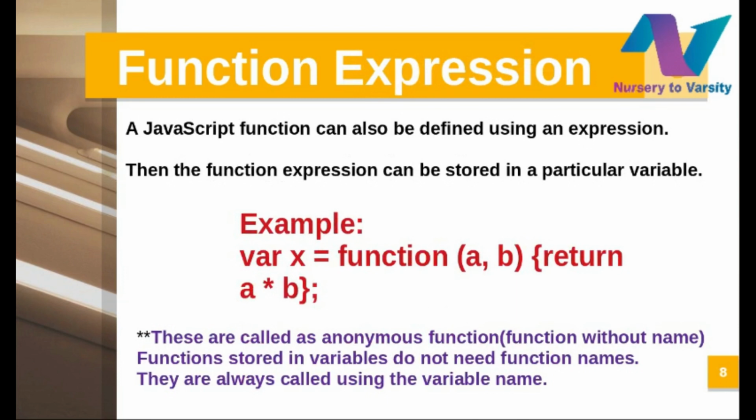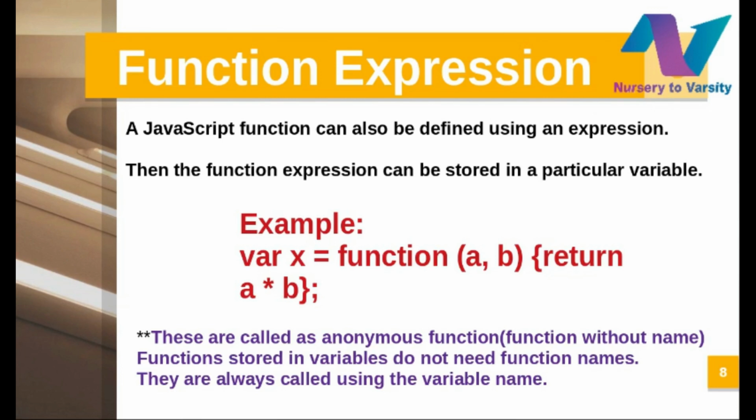One more thing in the function is that we can use the function as an expression, meaning it can be stored in a particular value. For example, I have written var x is equal to function ab, returning a star b. What's going on there?